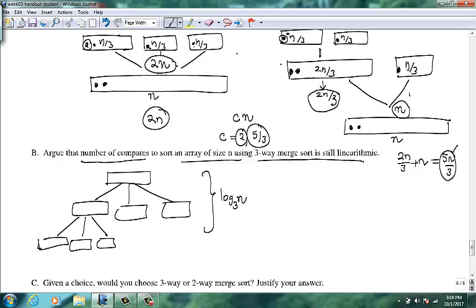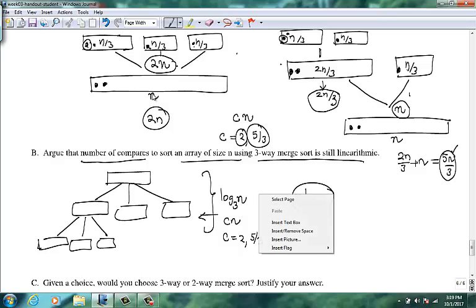And each step of this would require Cn comparisons, where C is either 2 or 5 over 3. So still we can argue that our three-way merge sort is also linearithmic. It's still n log n from the order of growth perspective, but the constant is either 2 or 5 over 3.